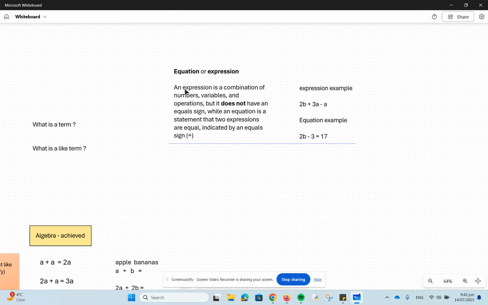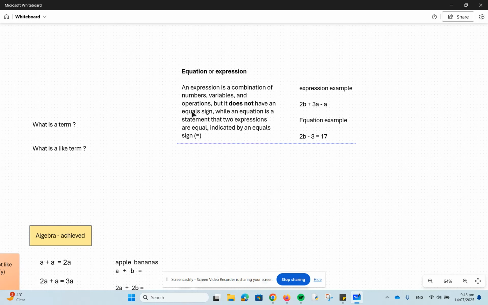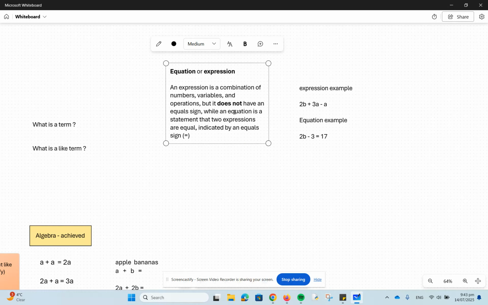An expression is a combination of numbers, variables, which are letters, and operations like plus or minus. They don't have an equal sign. Whereas an equation is two expressions with an equal sign saying they're equal to each other.